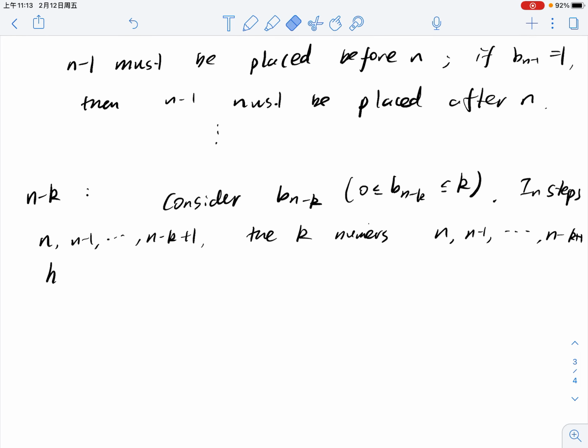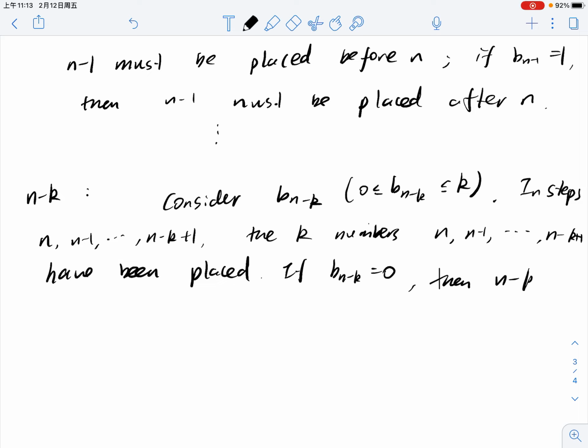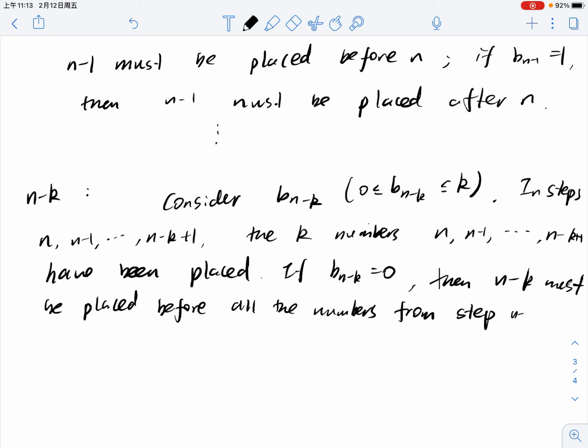Numbers have been placed in the required order. And then if Bn-k is 0, then n-k must be placed before all the numbers from the previous steps.